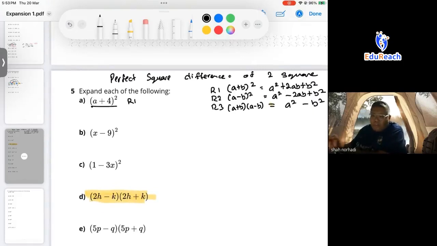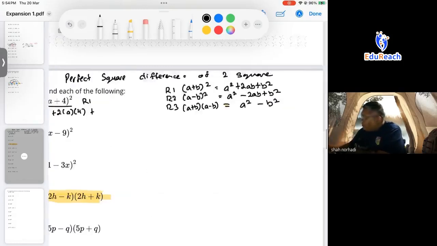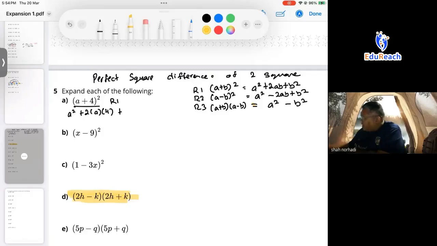Okay. Now, if you were to memorize by using this, which is important because what you need to do for 5a is just to do this: a square plus 2 bracket a bracket 4, because your value of b is 4, correct? I think give you some time to digest. Then plus, can you see the behind the back, right, is plus b square, right?